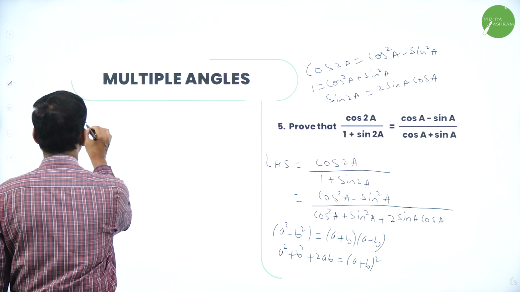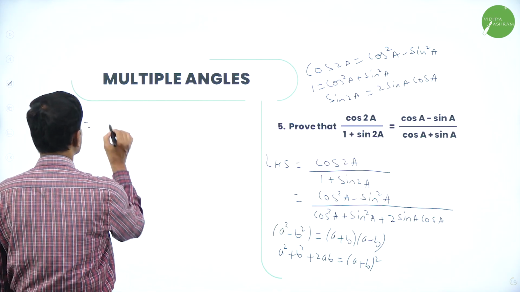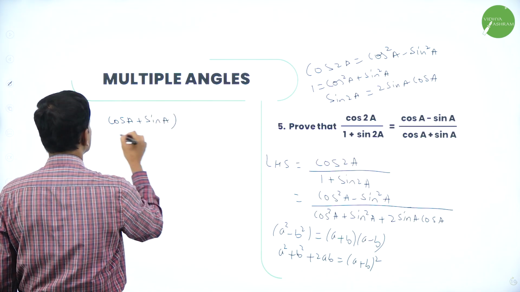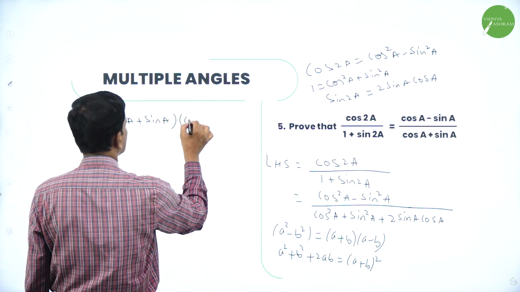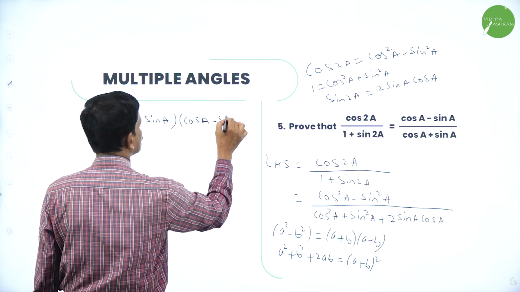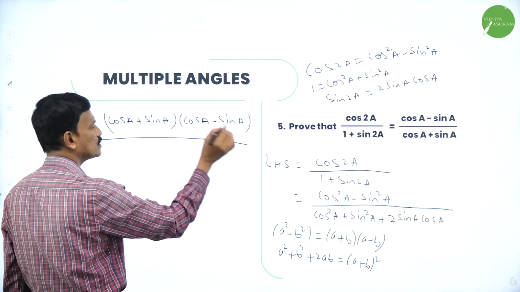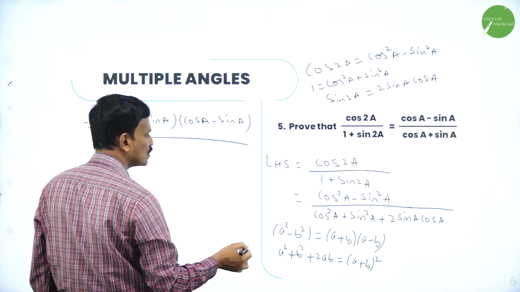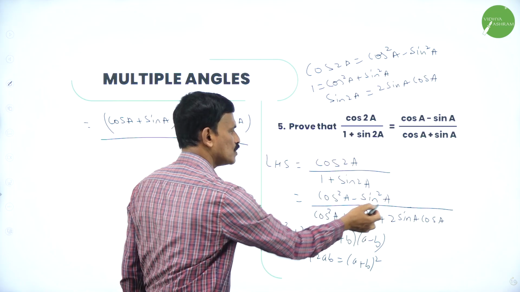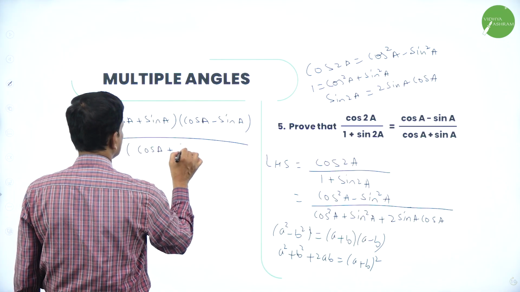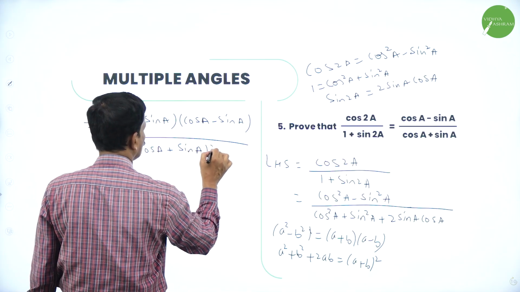So numerator can be written as a plus b into a minus b. That is cos a plus sin a into cos a minus sin a. See, if you multiply, cos into cos is cos square, plus into minus minus, sin into sin is sin square. So denominator a square plus b square plus 2ab is a plus b whole square. A is nothing but cos a, b is equal to sin a, whole square.